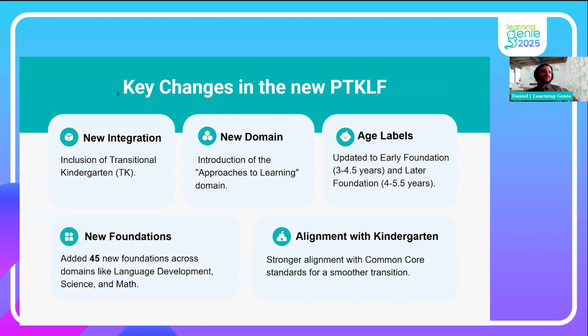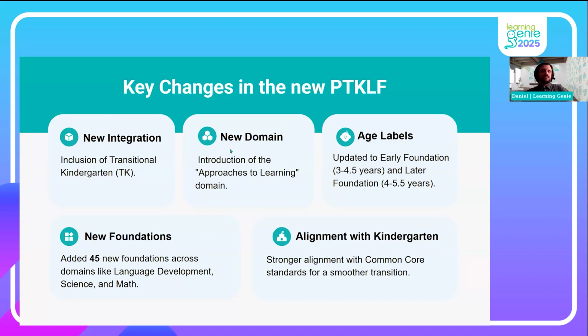So really quick, of course, the biggest thing is that they changed from the CAPLF, the California Preschool Learning Foundations, to this one, which is the Preschool Transitional Kindergarten Learning Foundations. Of course, it has the integration of the transitional kindergarten to it right here, the TKPs.